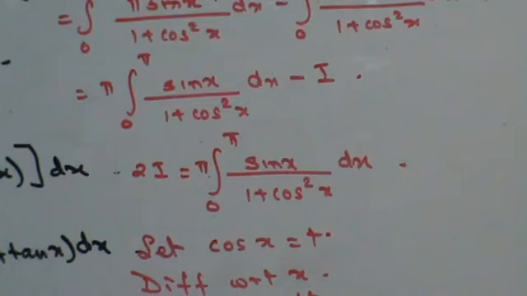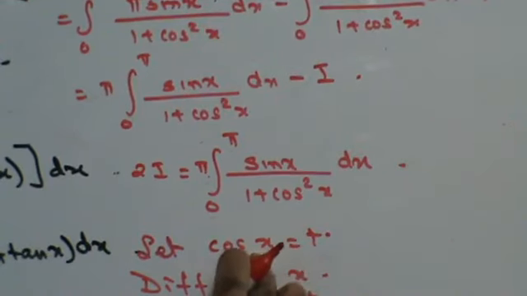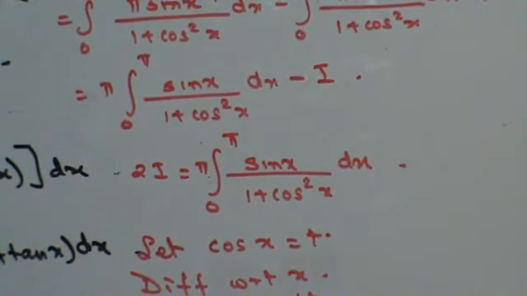Since you are doing definite integrals, you have to substitute the limits also. When x is equal to 0, cos of 0 is 1. When x is equal to pi, cos 180 is minus 1.